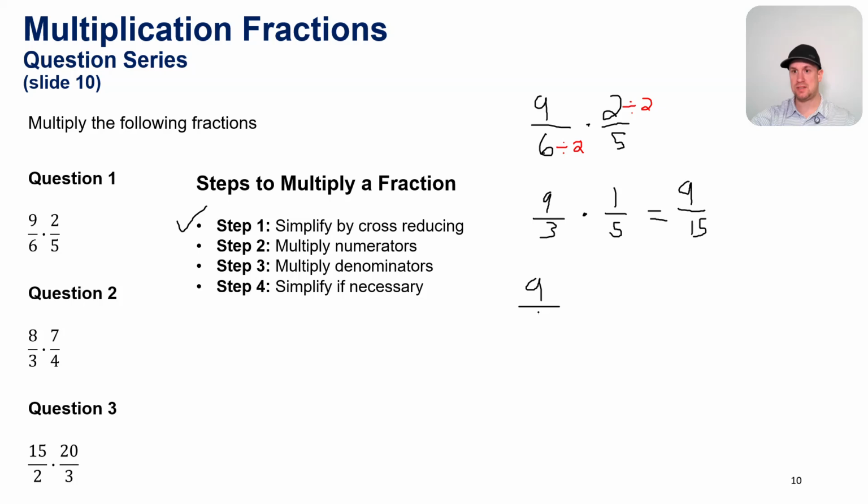Now 9/15 is another fraction that can be reduced, right? So the factors of 9 are 1, 3, and 9. I'll go ahead and write that like previously. So if I wrote the factors of 9, this is 1 times 3 times 3 if I wrote it with a 1. I don't really actually need to write the 1 technically, but I did anyway. And then 15 is going to be 1, 3, and 5.